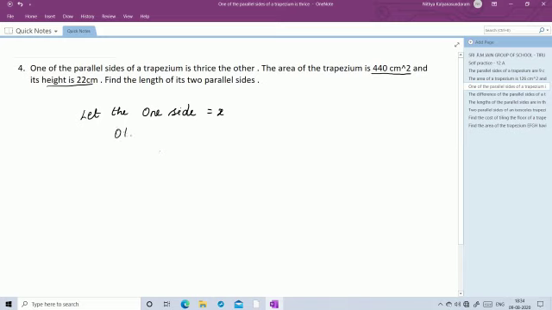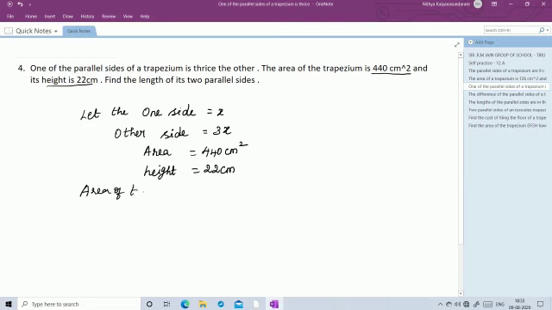So the other side is equal to 3x. Area is given as 440 centimeter square, and height is 22 centimeter.